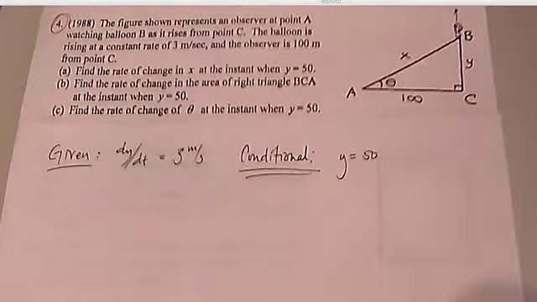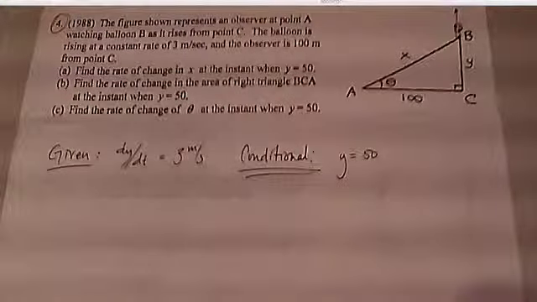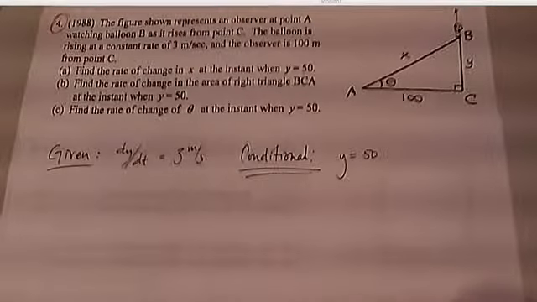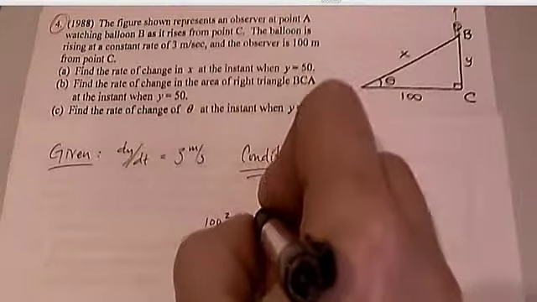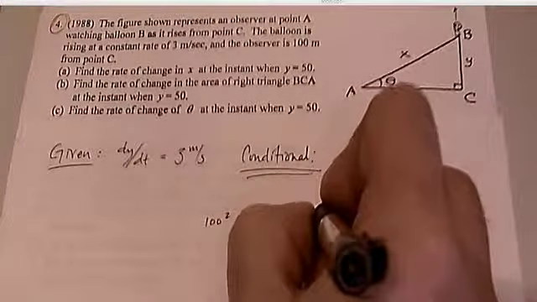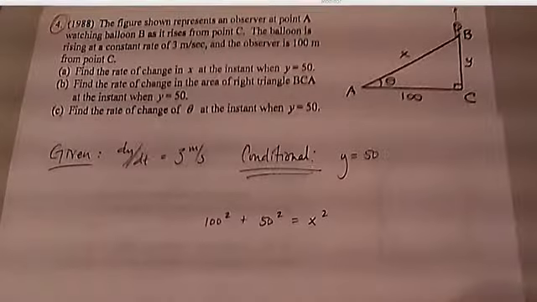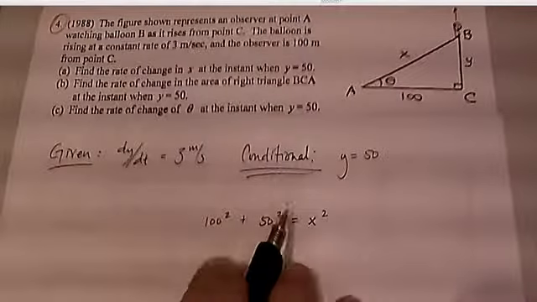So let's go ahead and deal with our conditional information based upon y being equal to 50. Well, here's the thing. This is not a Pythagorean triple, and therefore you're going to have to do a little bit of legwork, okay? And I know that when y is equal to 50, the Pythagorean relationship winds up being like this, okay? And that's basically 2 to 1 to whatever, right?